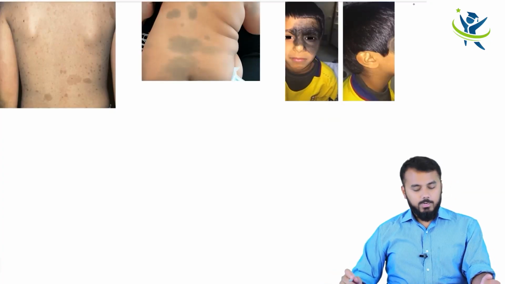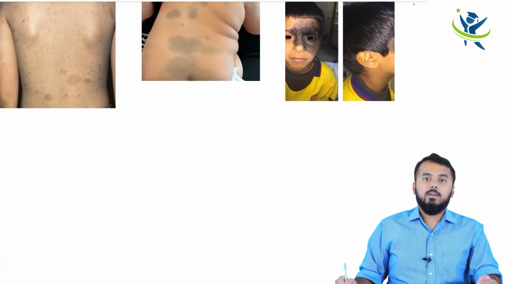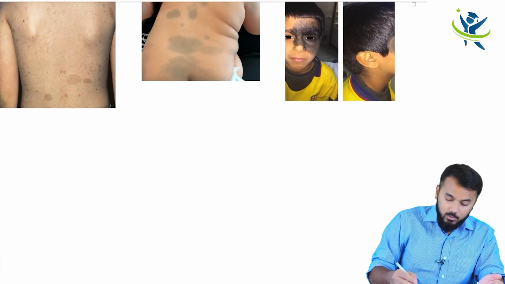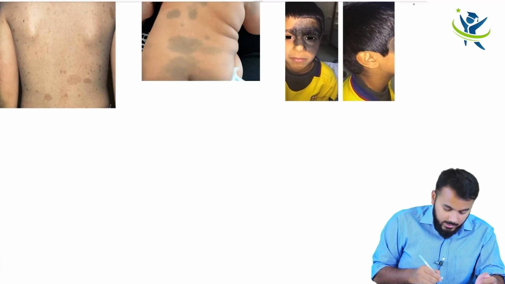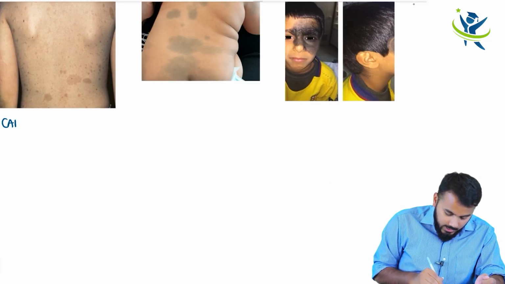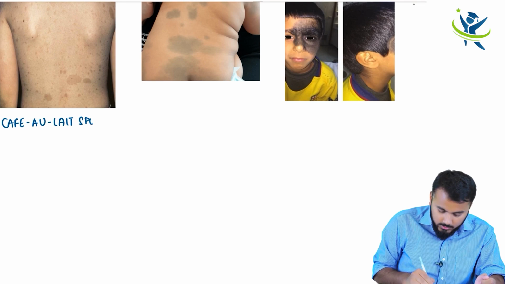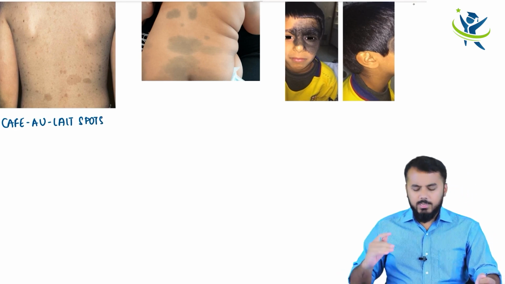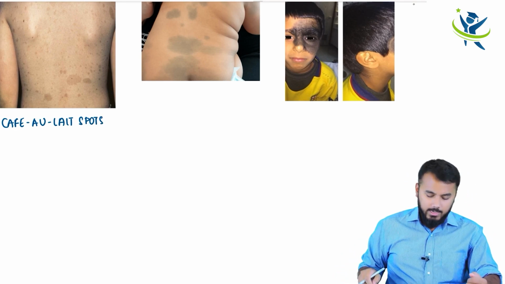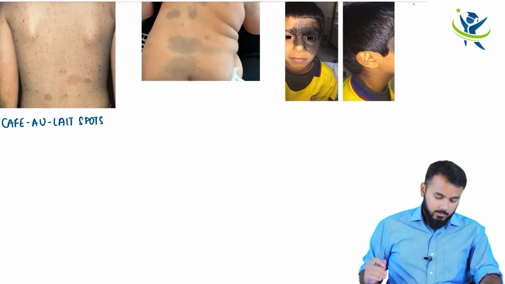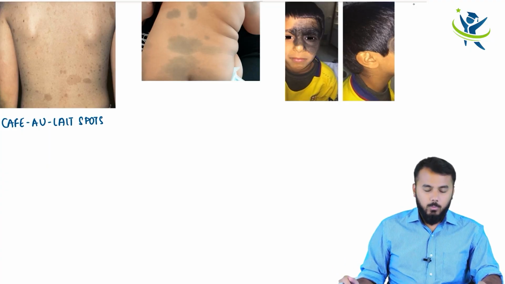The first important thing: these spots are called café-au-lait spots, pronounced café-au-lait spots. And how do I write it? C-A-F-E, café-au-lait spots. I'll be discussing them in detail as well. Let us just name these spots over here.